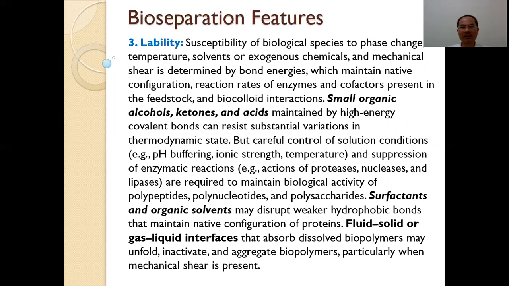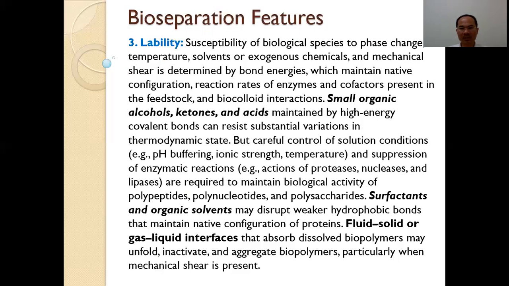And the third one we talk about is reliability. Reliability talks about the property or the condition that affects the bioproduct. It may be the pH, maybe the temperature, maybe the solvent, maybe the chemical, mechanical strength, something like that. It means the bond energy, it maintains native configuration, reaction rate of enzyme, and so on.